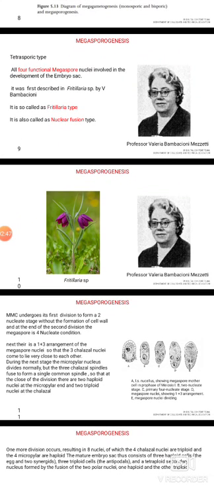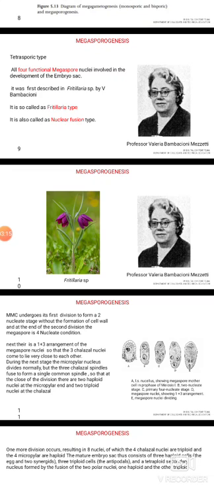The megaspore mother cell undergoes its first division to form a 2 nucleate stage without the formation of a cell wall, and at the end of the second division of the megaspore there is a 4 nucleate condition. Next, there is a 1+3 arrangement of the megaspore nuclei, so that 3 chalazal nuclei come to lie very close to each other.